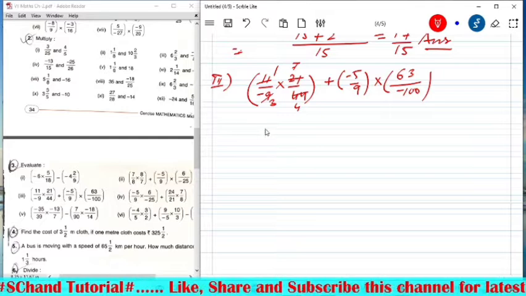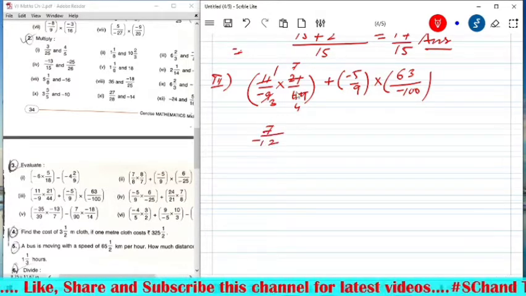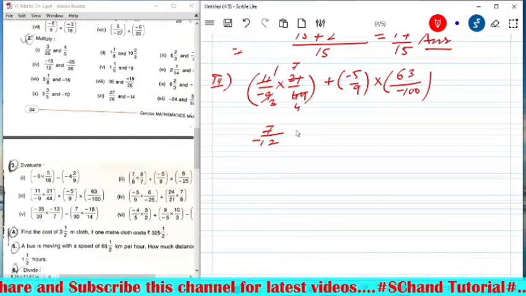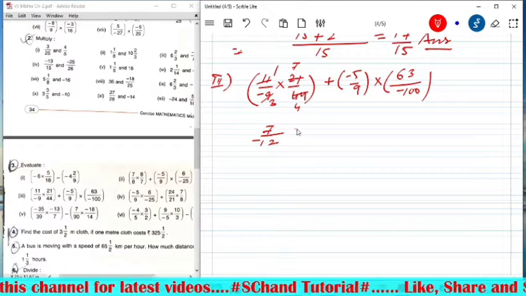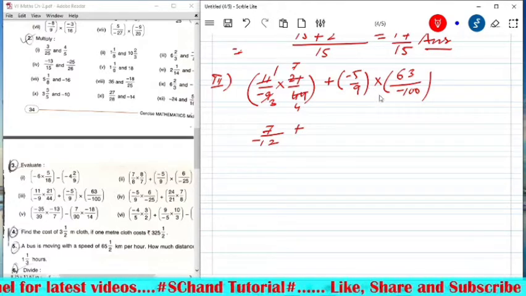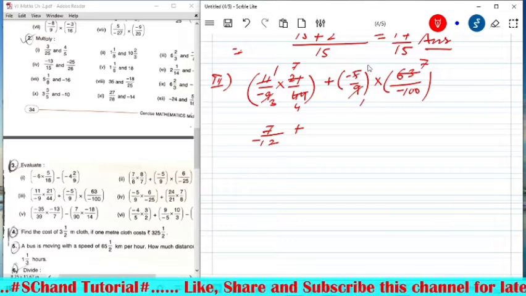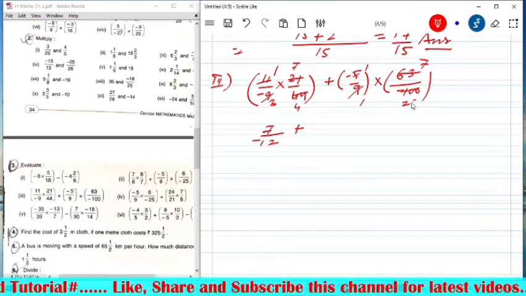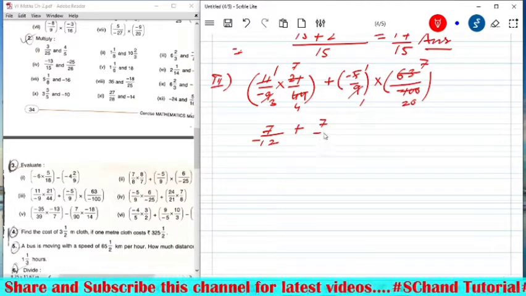So this is 7 over minus 12, and plus into minus, minus, and minus into minus plus, so it will become plus here. 9 7s are 63 and 5 20s are 100, so it is plus 7 over 20.